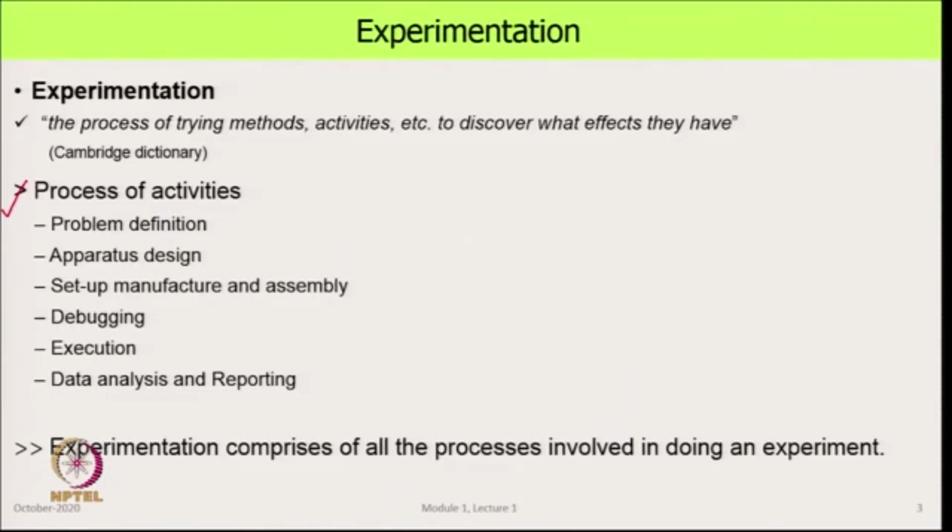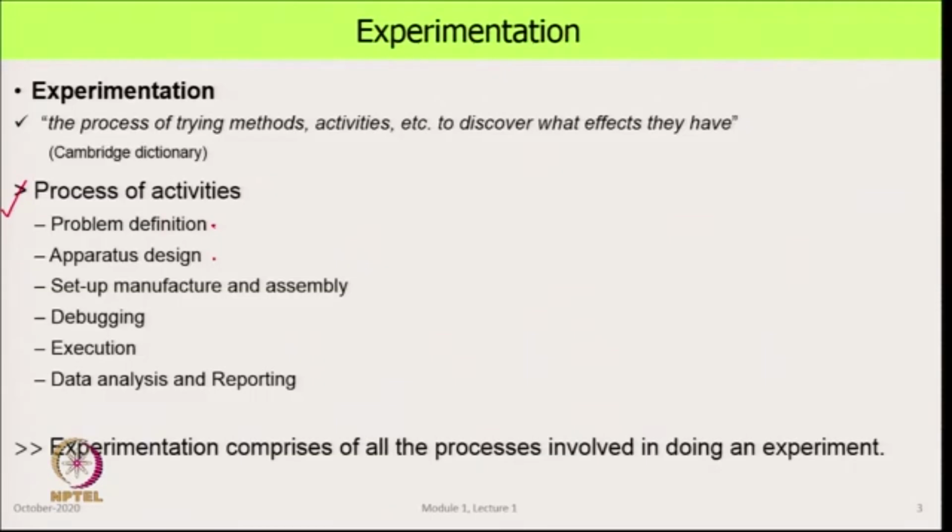So, here we have the first activity listed, problem definition. We have to define very precisely what is it that we are looking for. That is the first step. Having done that, we decide what are the various ways in which we can make an experimental setup and realize it.